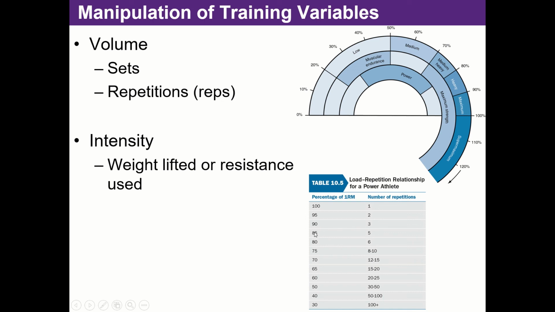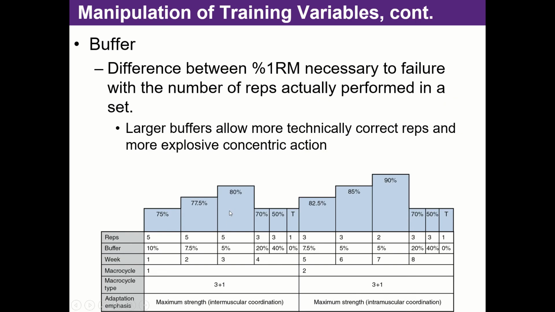So that should have been 85% of their 1 rep max, but it wasn't. And so that gives us a buffer of 5% because they only lifted 80% 5 times when they could have lifted 85% 5 times.